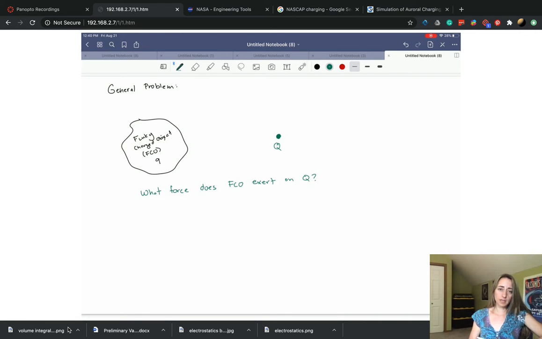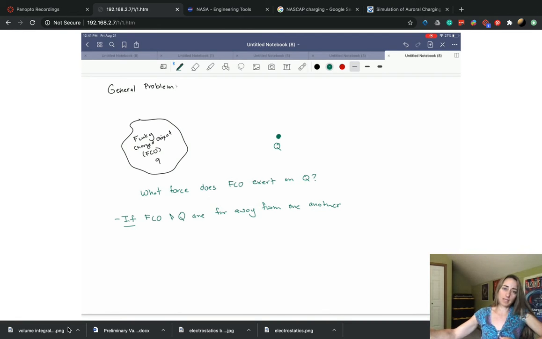There are a couple of different ways that we can simplify this problem. If I've got a weirdly charged object, no matter what size or shape it is, but I pull Q, my test charge, really far away from that funky charge object, so our funky charge object and Q are far away from one another, our funky charge object is going to start looking like a point charge.